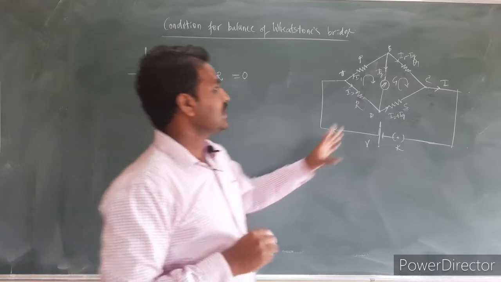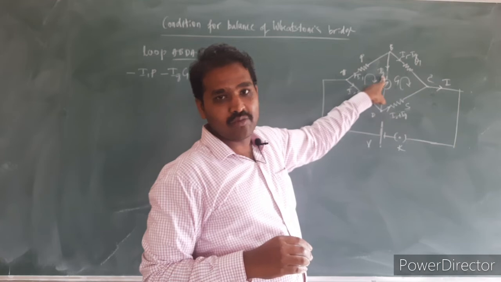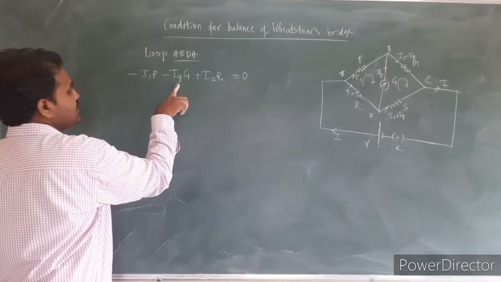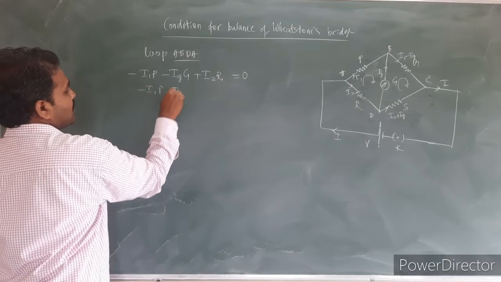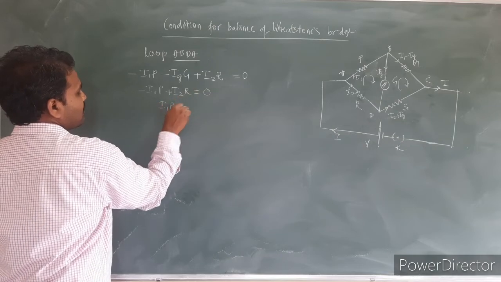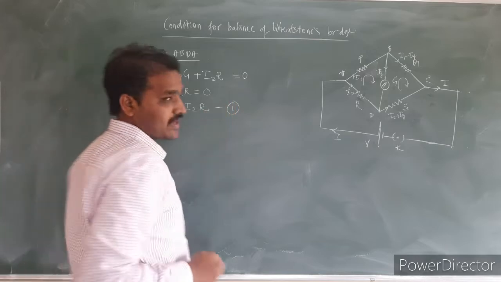And we know the condition for the balanced Wheatstone bridge is that the current through the galvanometer must be equal to 0. Hence substitute Ig is equal to 0 in this. I can write minus of I1P plus of I2 into R is equal to 0. I can write I1P is equal to what? I2 into R. Let this be equation number 1.